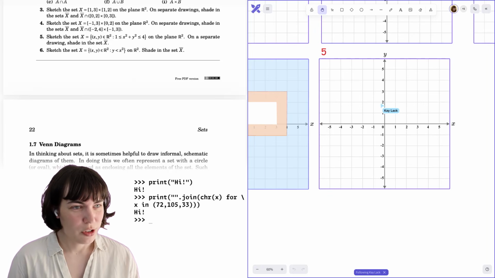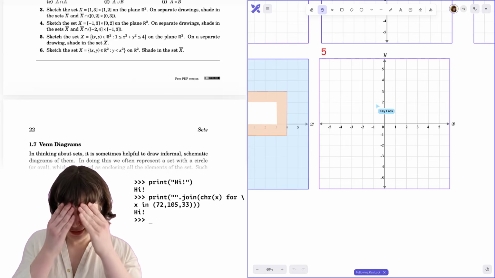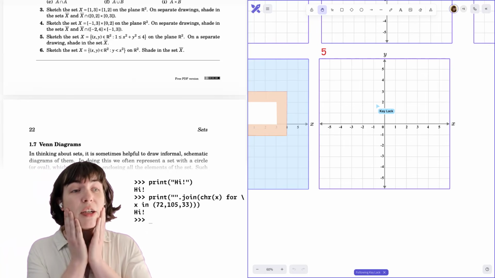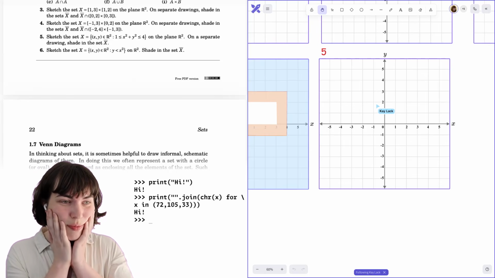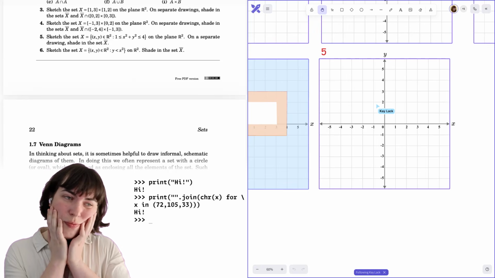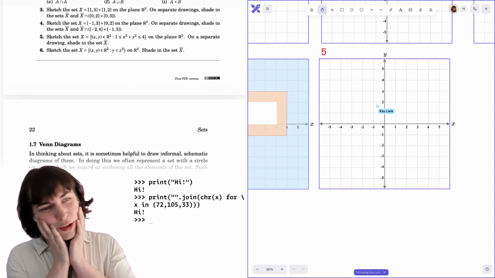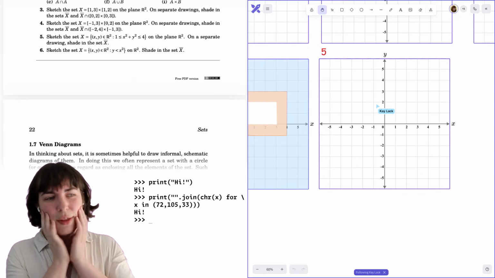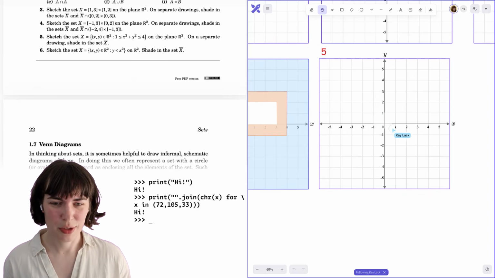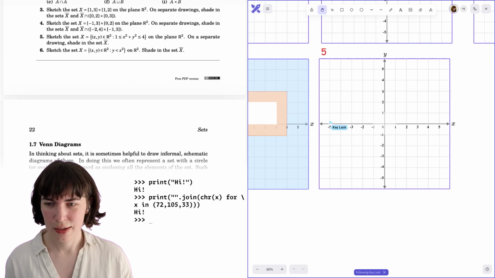All right, we've got x squared plus y squared greater than 1, less than or equal to 4. I think that will be a ring of some kind.